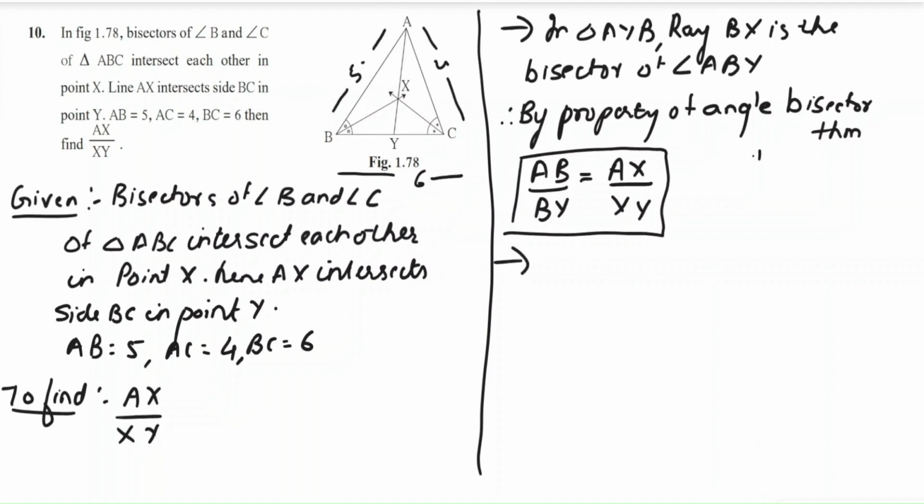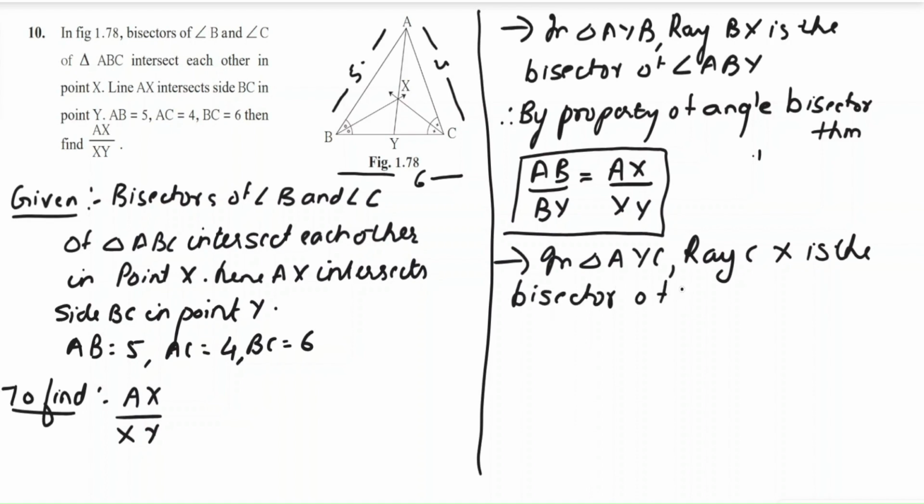Similarly, in the right hand side, in triangle AYC, ray CX is the bisector of angle ACY. Therefore, same property, by property of angle bisector theorem, what we will get?